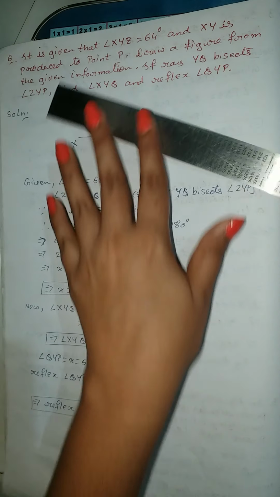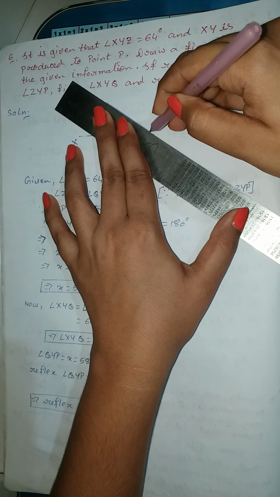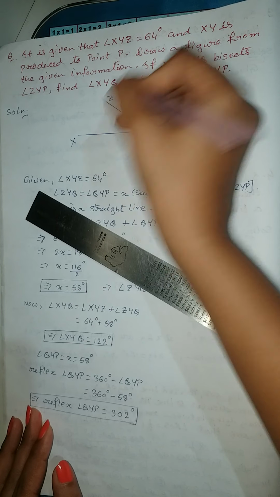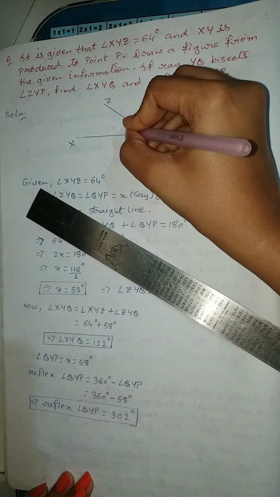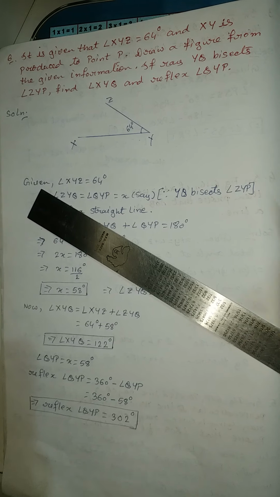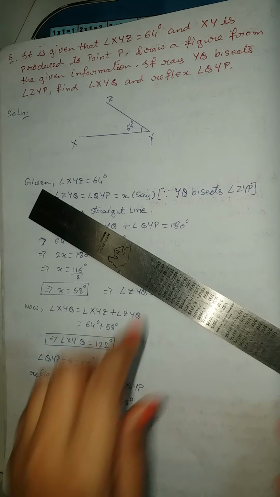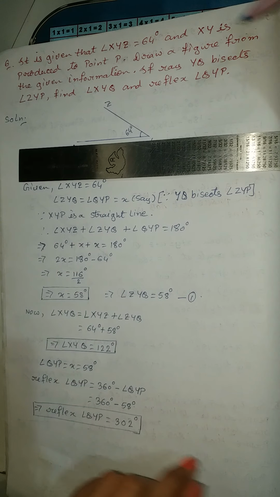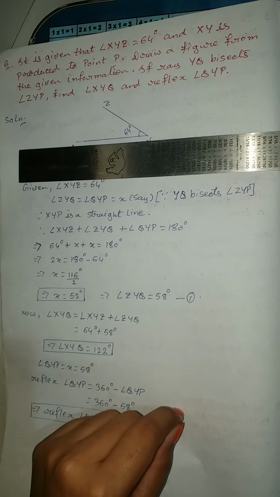Now let us draw an angle of approximately 64 degrees. I'm drawing one angle right here. So this is point Z. So XYZ is equals to 64 degrees. And XY is produced to point P. So here the line XY, what do you mean by produced? The word produced or extended means we will extend the line.